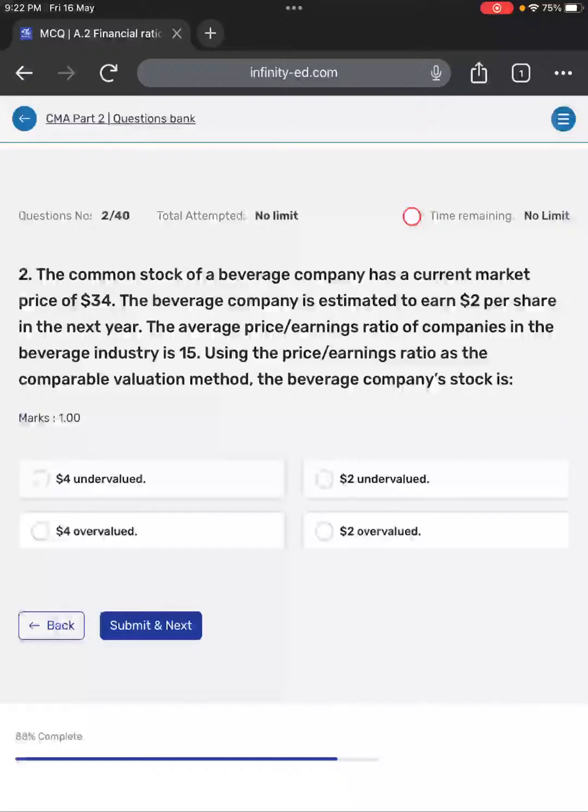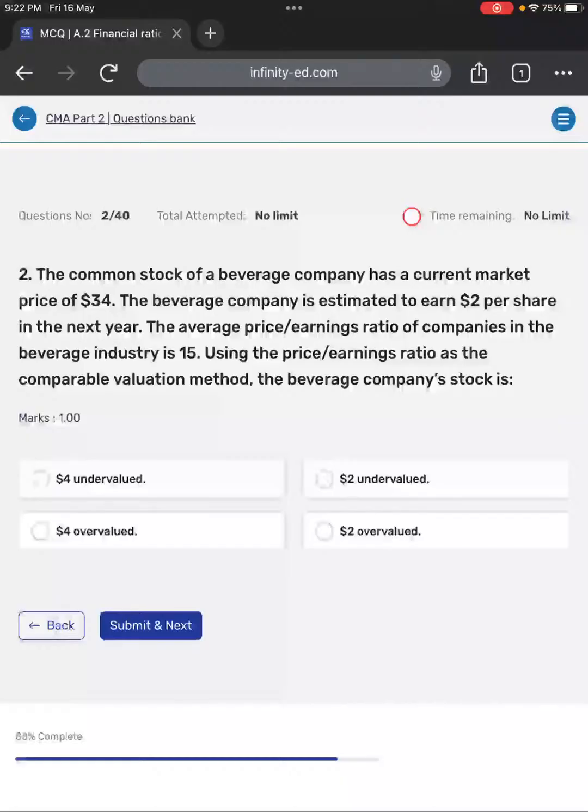What will be the formula? Market price divided by earnings per share equals P/E ratio, right? P/E ratio means the relationship between the earnings per share and the market price, what the market is offering to the company for its earnings per share.